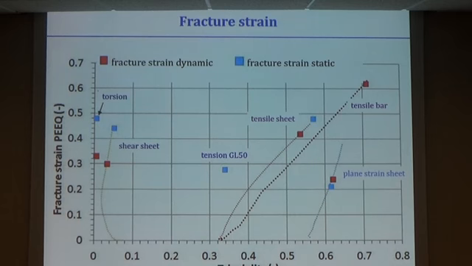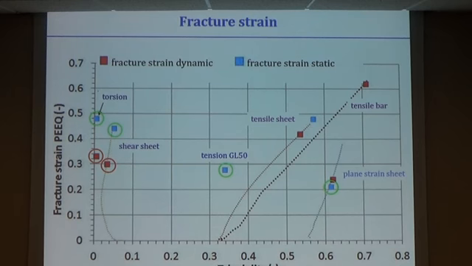If we then look at the dynamic cases, dynamic fracture strains are close to the static ones, a little bit smaller, but pronouncedly lower for the torsion and for the shear experiment because of the adiabatic shear banding. So further we focus on these experiments.